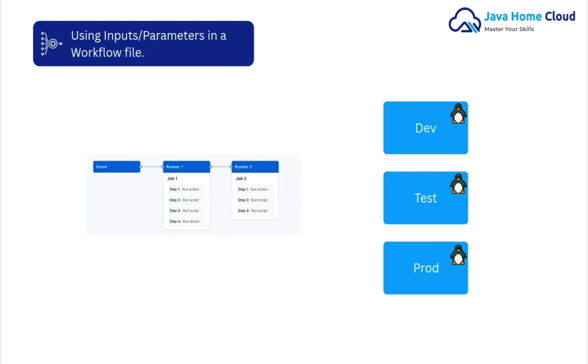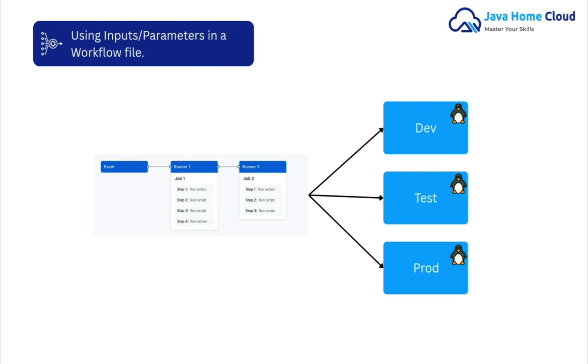We can better design this using a single workflow which takes inputs such as the environment to deploy and the artifacts to deploy. If there is no concept of inputs and parameters in workflow, we end up creating three workflow files, which is not a better option.